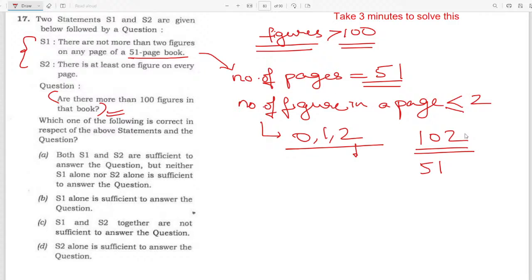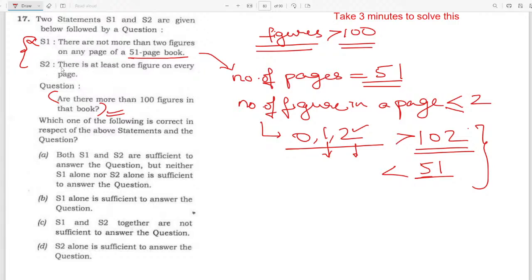So clearly one option gives that the figures are greater than 100, and another option, with 1 figure in a page, gives less than 100. So we have 2 answers here and we cannot correctly say what the answer is. So S1 alone cannot help us to solve this question.